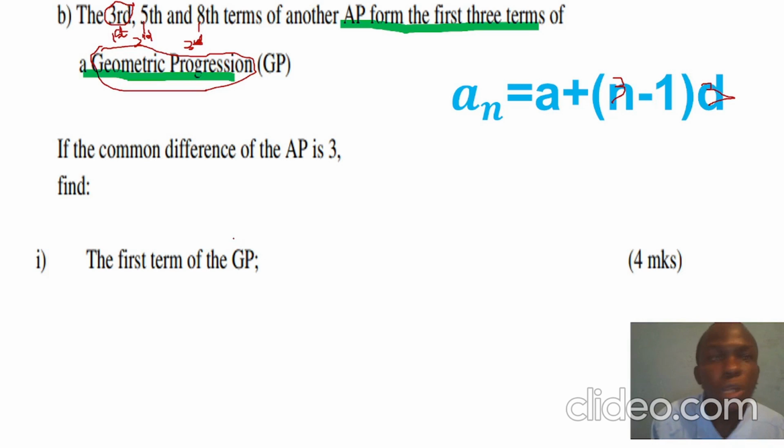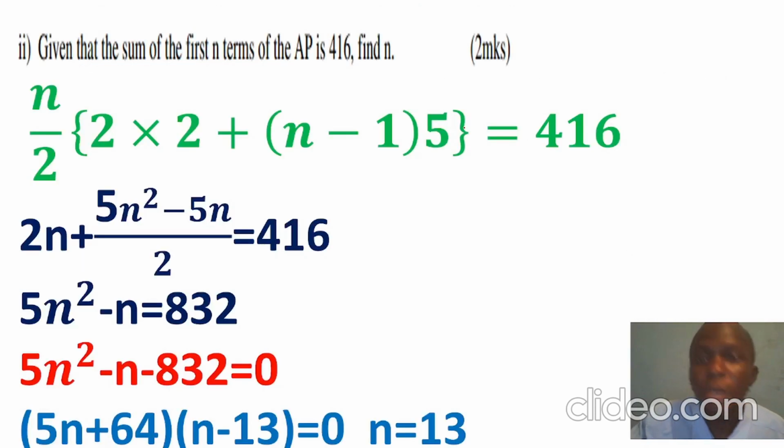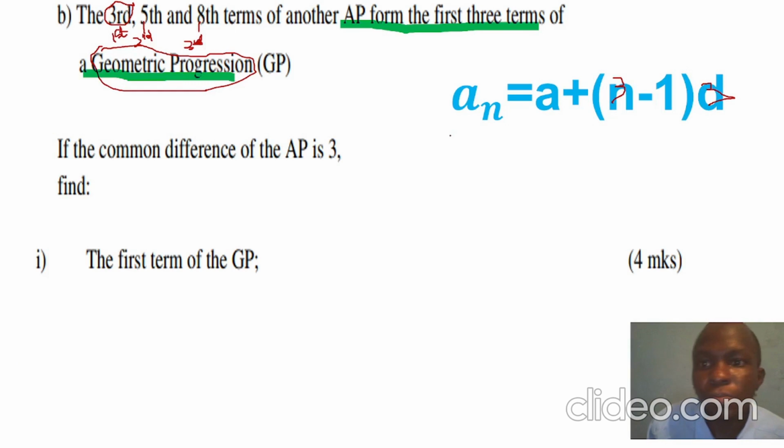Okay. Do you have the third term? Can we get the third term? Let's go back. The value of n is 13. So, sorry, that is something different. We have the third term. Okay, now let us see the solution.